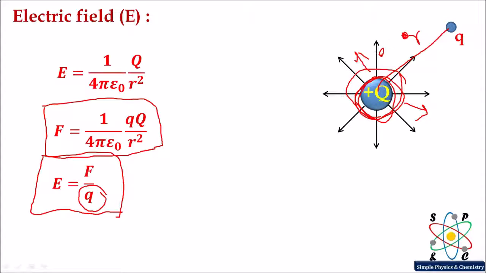And if you have any negative charge, then the negative charge will get attracted due to the field, and the field lines of a negative charge will be like this. Okay, so this is the basic formulation of the electric field of a charge.